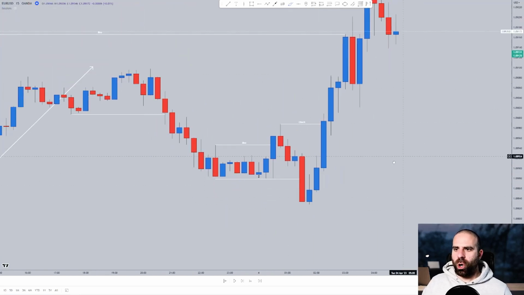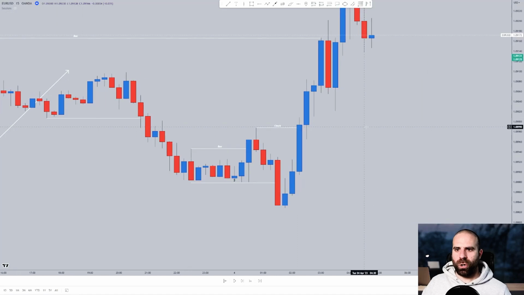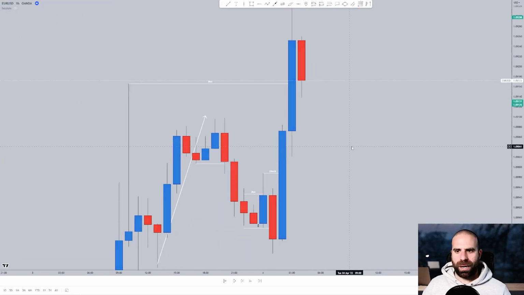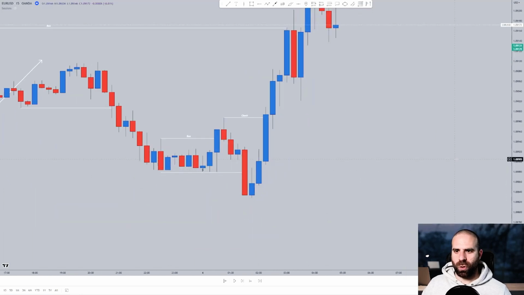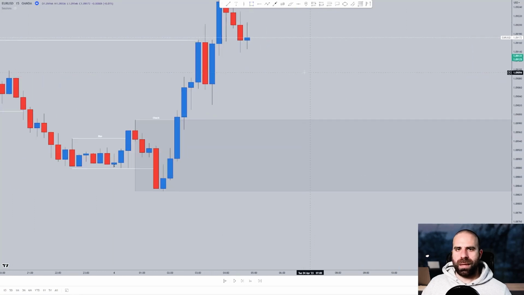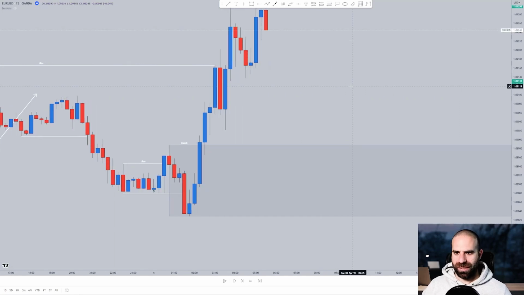And of course, we identified all of that after we saw that we broke structure on the 1 hour time frame. We went ahead and told ourselves the story. I identify this whole area, and I'm waiting for price to retrace back into this area.